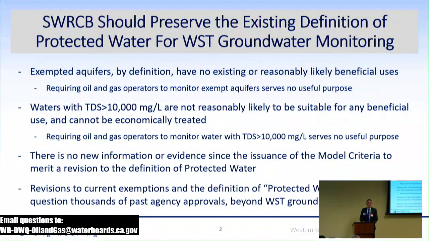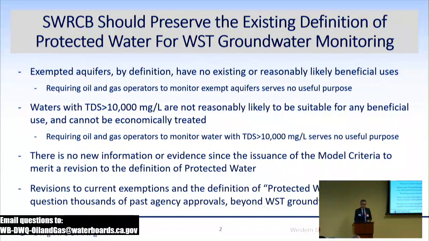And this is a summary of that statement, and Dan had already covered a lot of this, but I'll summarize it briefly. That is to say that the exempted aquifers, by definition, have no reasonable, likely beneficial uses, and therefore requiring oil and gas operators to monitor those aquifers serves no useful purpose.